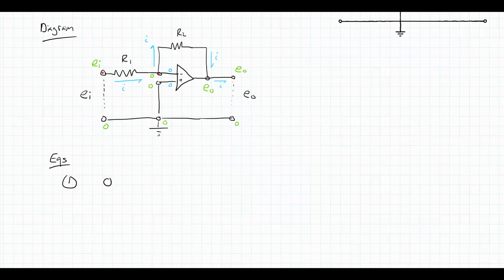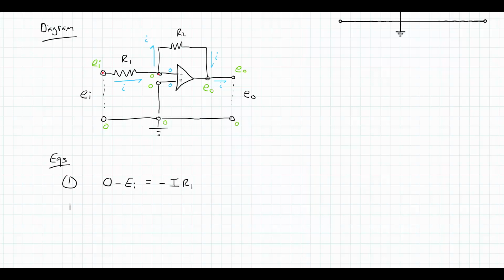So 0 minus Ei, that is the voltage drop, is equal to, now I'm going across just one element here, R1. And when I go across an element, since I'm going left to right, that is going to be negative times the, well, it's a resistor, so it's the current times the resistance. So negative I times R1.